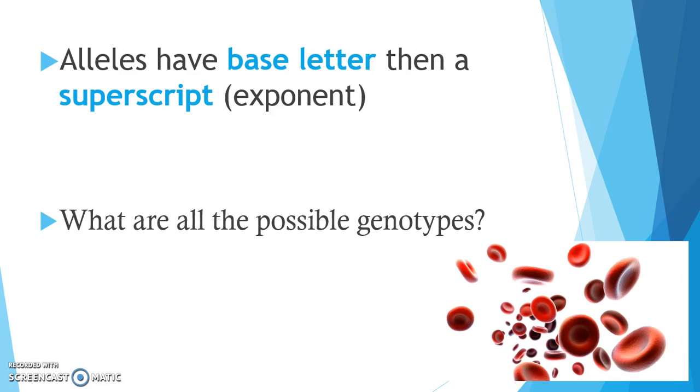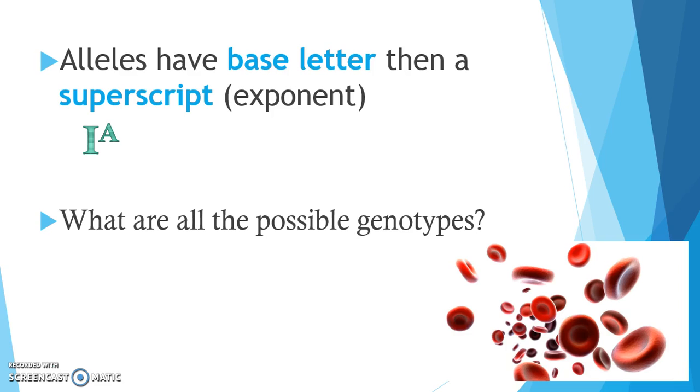So far, we've used just capital and lowercase letters, or in the case of incomplete and codominants, 2 different capital letters. This time, there's a base letter and then a superscript or an exponent. And the 3 possible alleles, the first one is a capital I with a superscript or an exponent capital A. That's one allele.